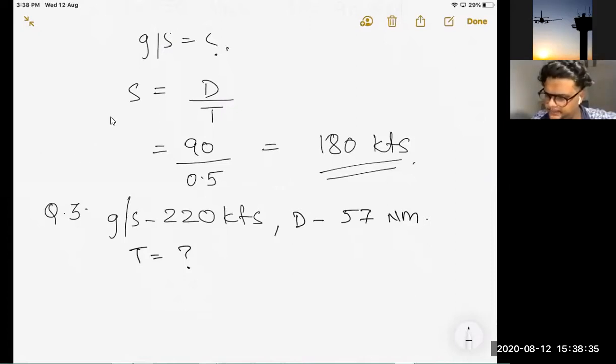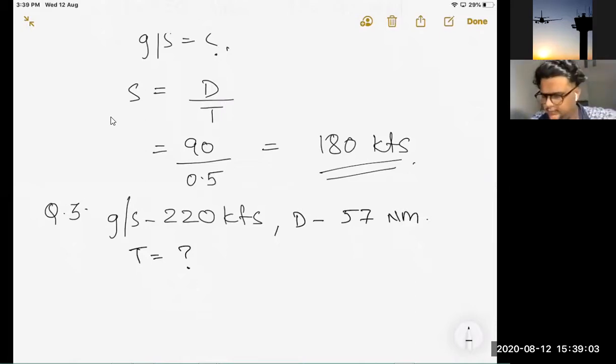Yes, sir. So when I say 5.5 hours, it actually means 5 hours and 30 minutes. But you told me the distance to go is 57 minutes. Distance is 57 nautical miles. Yes, sir, 57 nautical miles is my distance, and my speed is 220 knots.